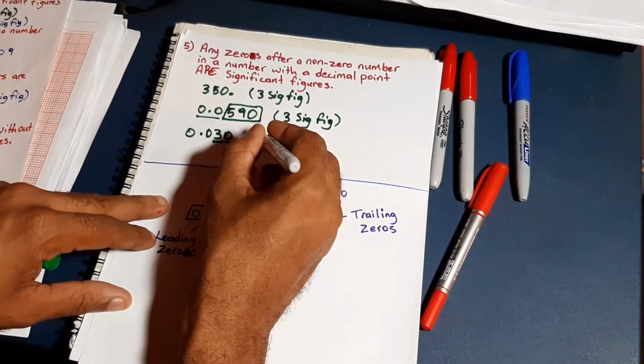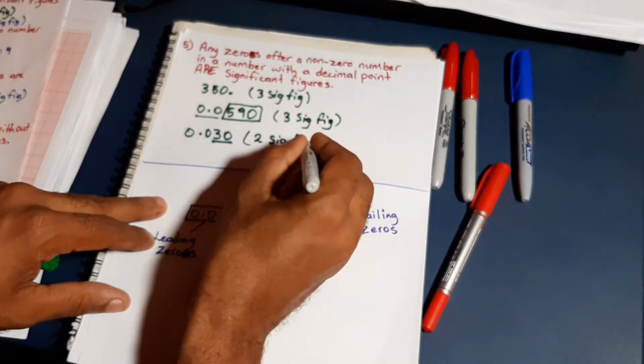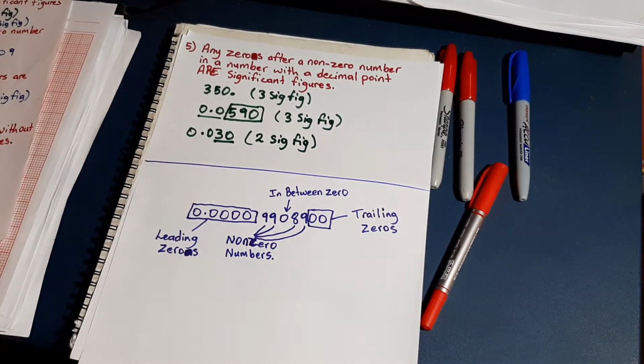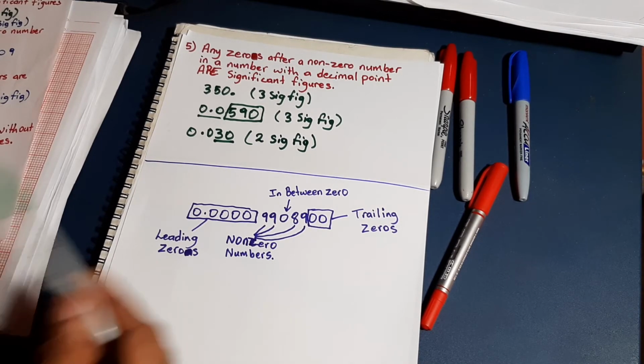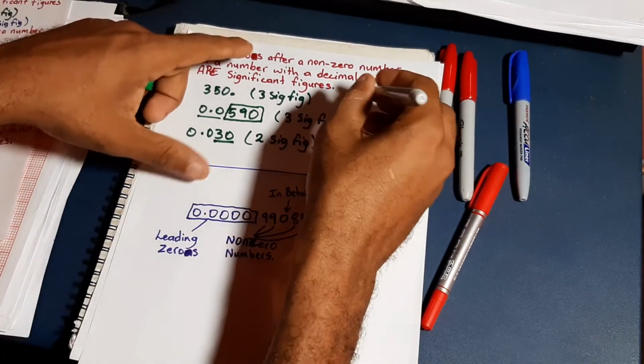So this number is written to 2 significant figures. So remember, with the last rule, any zeros after a non-zero number in a number with a decimal point are significant figures, and the rules suggest that.